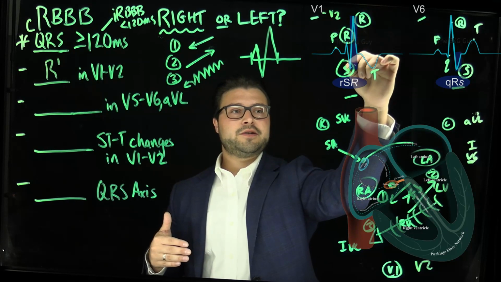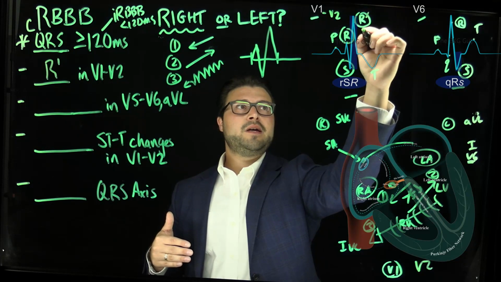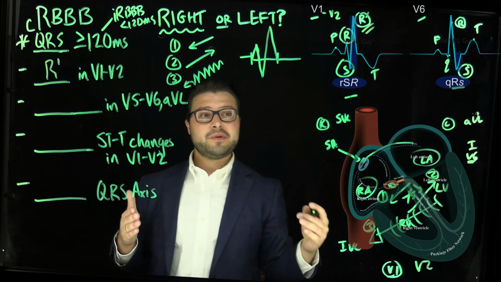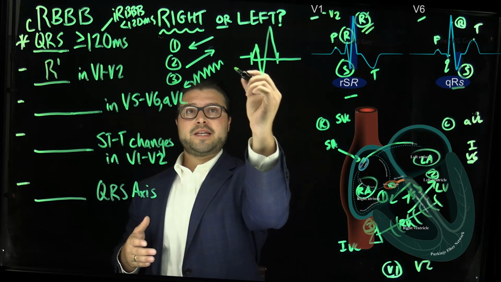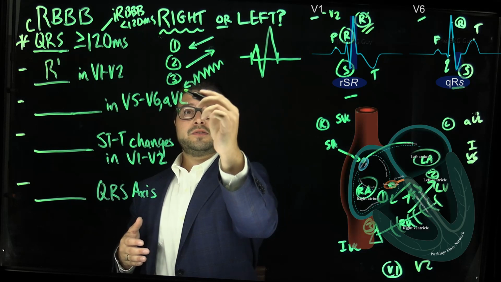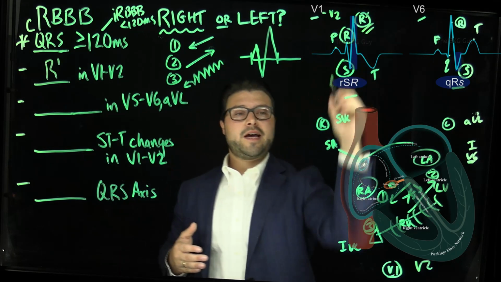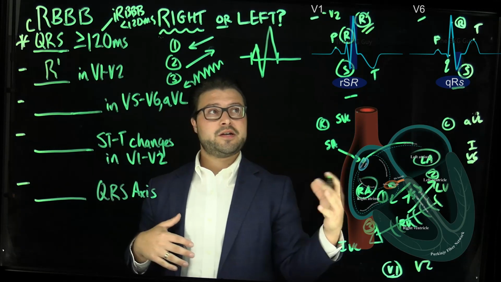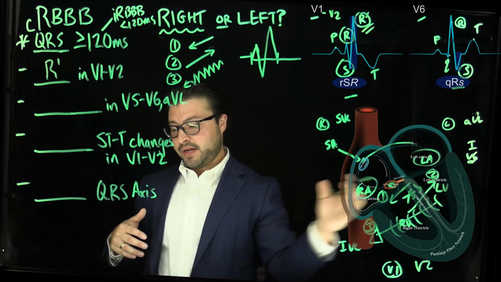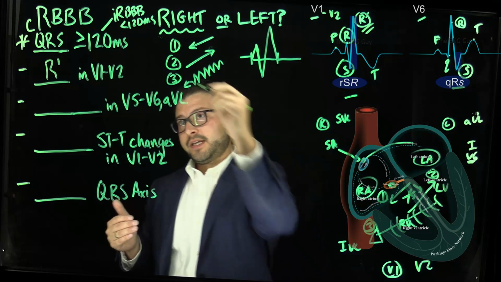This is the R, here's your S, and this is your R prime. The R prime, that terminal deflection, is the main one. Remember, that was vector 3, which moved from left to right and accounted for that. You want an R prime that is large, and it tends to be a little wider because of this slow cell-to-cell depolarization.